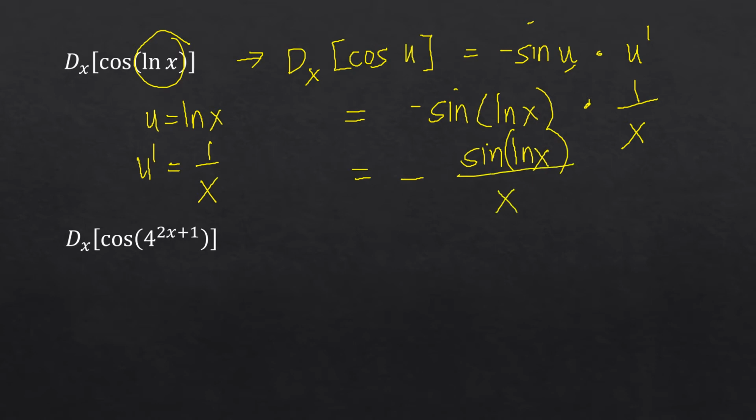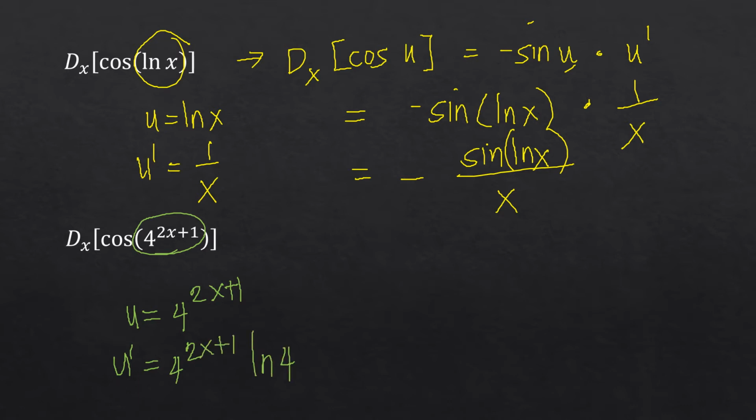The other example, we have cosine. On this example, we may observe that this u here, which is 4 raised to 2x plus 1, when you get the derivative of this, it will become 4 raised to 2x plus 1 ln of 4, but you can also observe that 2x plus 1 can also be differentiated and its derivative is 2. So you have to multiply that by 2.